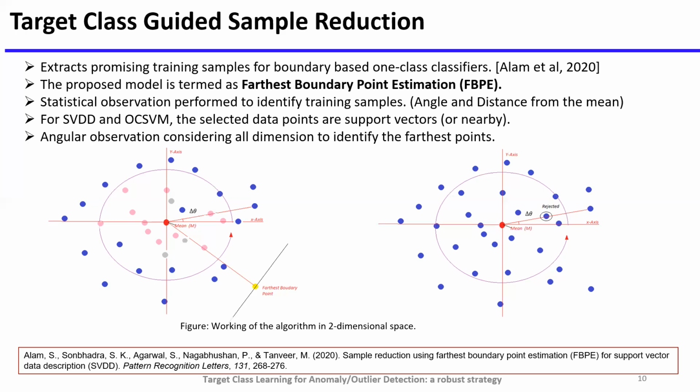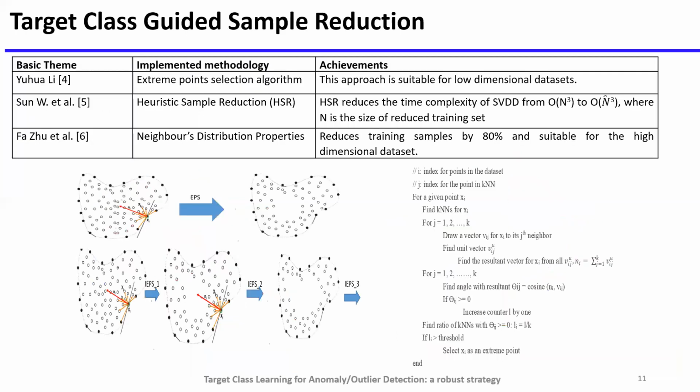Once you go through all the directions, and in all the directions you are able to identify the extreme points, those extreme points can be treated as the most promising boundary points, and you'll be getting the most flexible boundary. But in the case of extreme point selection algorithms, very often there is some other mechanism where we look at each and every point, whether it is an extreme point or not.